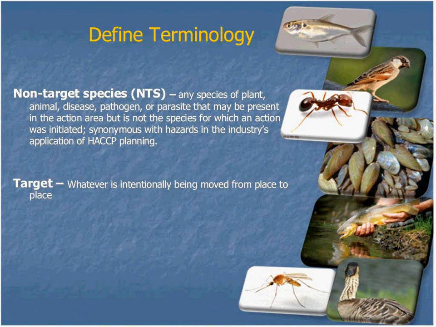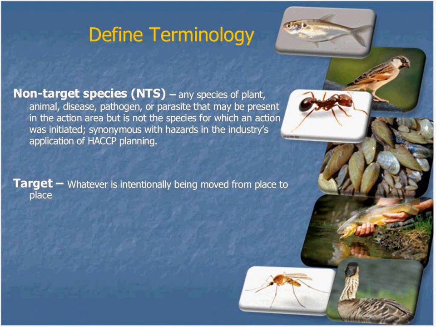In working with invasive species, we felt that we should change the focus from hazards to non-target species. So a target would be anything that you want to move from one site to another. That would be your sampling equipment, yourself, and then the non-target species would be anything that you didn't want to move with equipment.